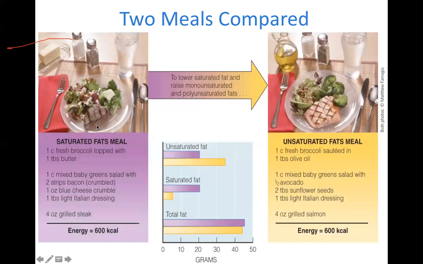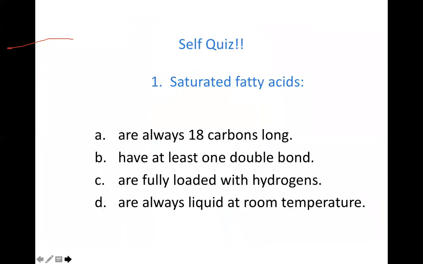If you wanted to change the fat profile to be lower in saturated fat and higher in unsaturated fat, you could switch the bacon and the cheese for sunflower seeds and avocado, and you could switch the steak for salmon, which is going to be higher in essential fatty acids. So there's ways to have similar meals but tweak the food so that you're getting some of the healthier, less inflammatory fats. All right, quiz.